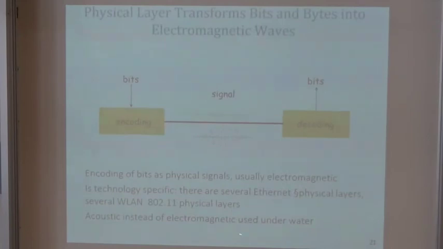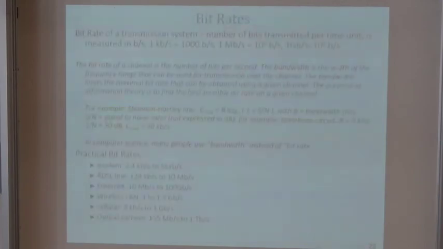There are also acoustic waves that are used to transfer signals underwater, and a few other exotic things like this. For us, the physical layer is simply something that takes bits or blocks of bits and transfers them to another end into something else. It's still visible to us in the form of performance.